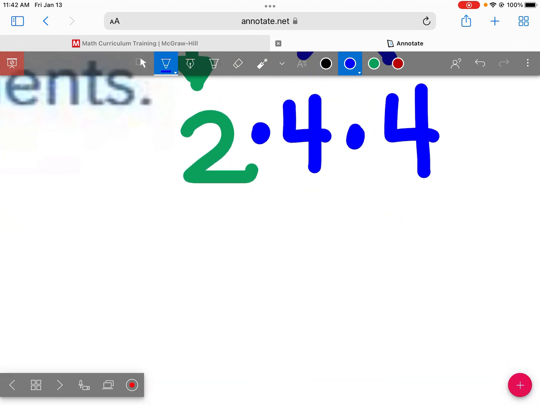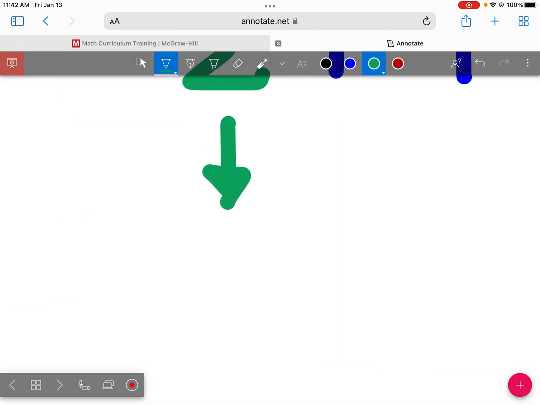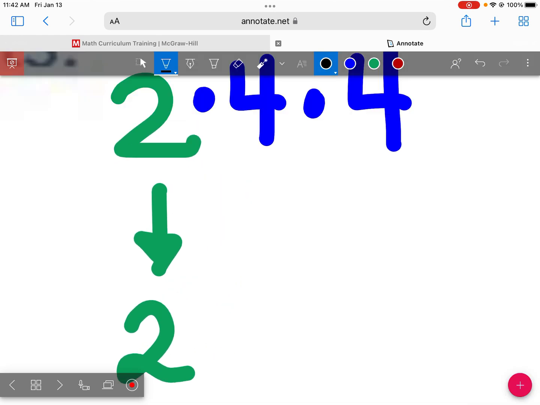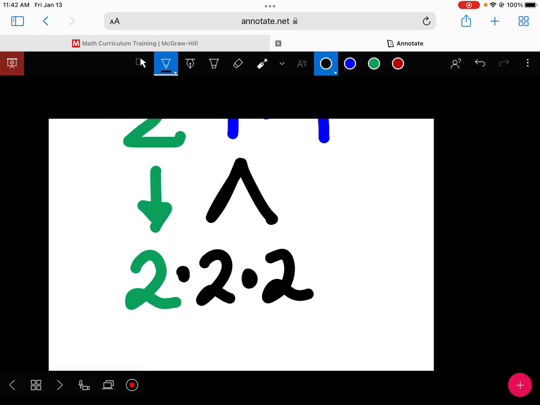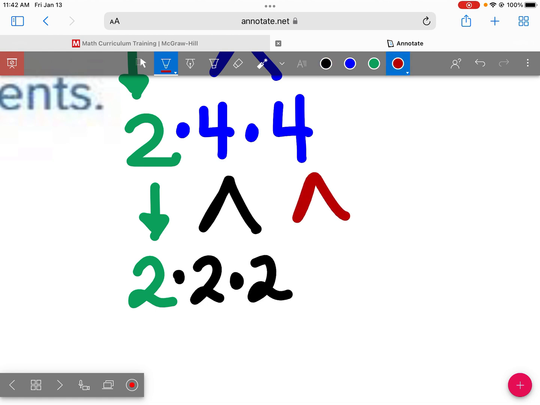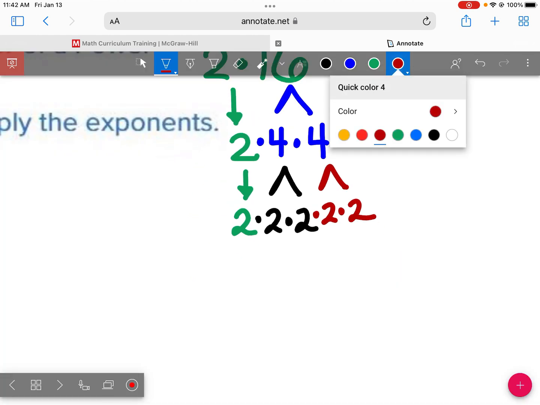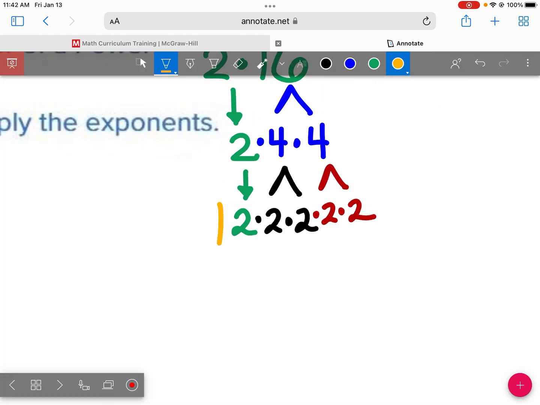Can anything go into 4? 2. So this would be 2 times 2. That gives me that 4, right? And I can do the same thing here. That would be 2 times 2. That would be my other 4. How many times do I have 2 written down here? 5 times.